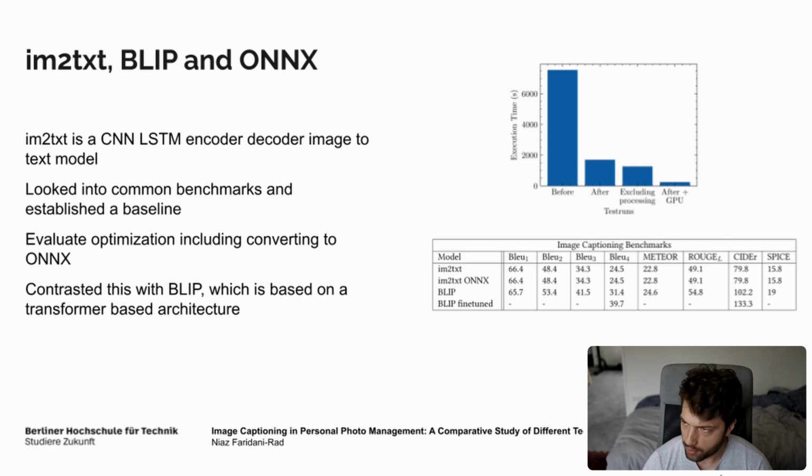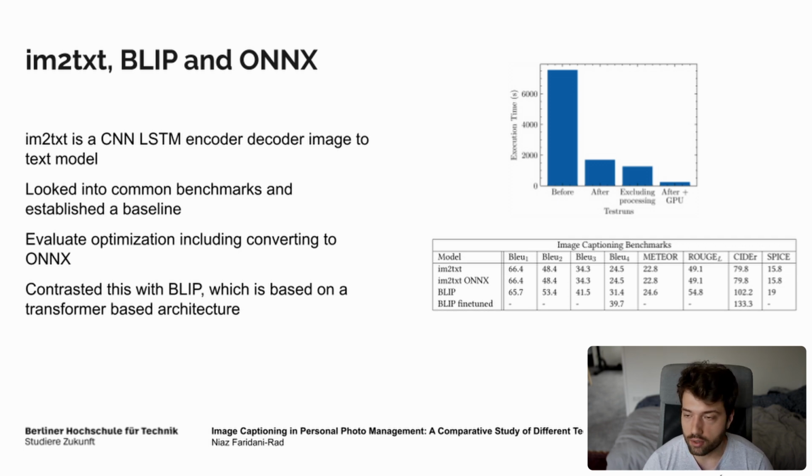Then I looked into optimizations because we obviously don't have a lot of resources, and looked at how I can make it run faster. The first thing I noticed is that I/O is very important. You should keep the model in RAM, otherwise it will take a while. GPU acceleration obviously makes it even faster. Every processing step you can do, only do it once and try not to do it again.